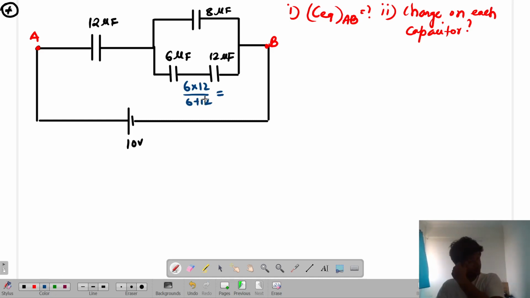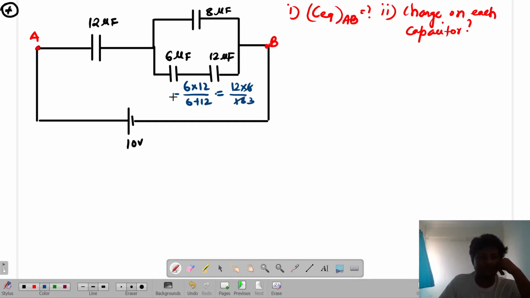How much is this? 4 microfarad. This is 12 into 6 by 18. 6 3s are 18, 3 4s are 12, so this is 4.